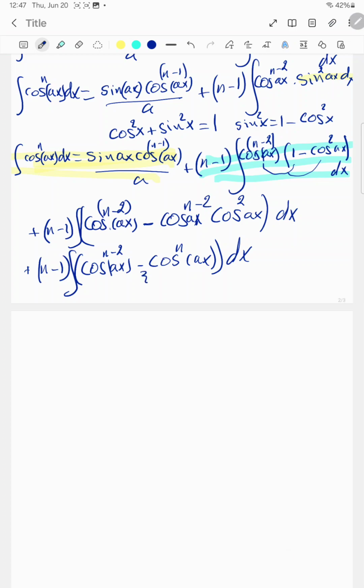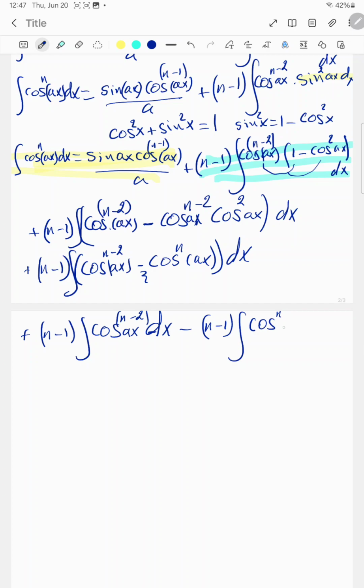Because of the minus here, I can have two integrals, so plus n minus 1 integral of cosine to the power n minus 2 ax dx, minus n minus 1, the integral of cosine to the power of n ax dx.